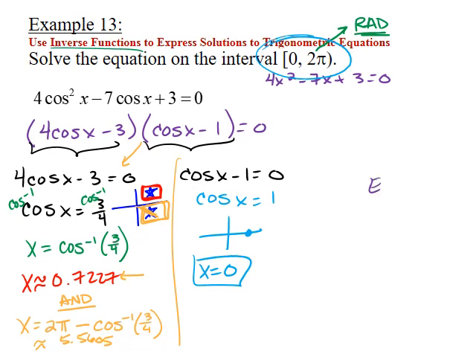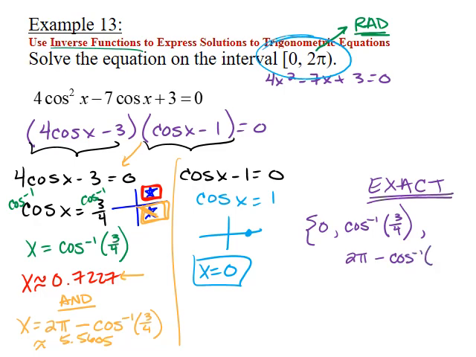If your teacher wants you to provide the exact solutions, you would say 0, cos inverse of 3/4 rather than the decimal, and 2 pi minus cos inverse of 3/4. Otherwise, providing the decimal of each of these would be just fine, which is this and this.